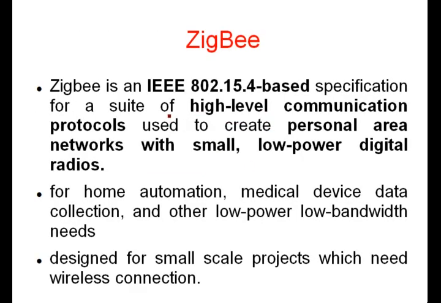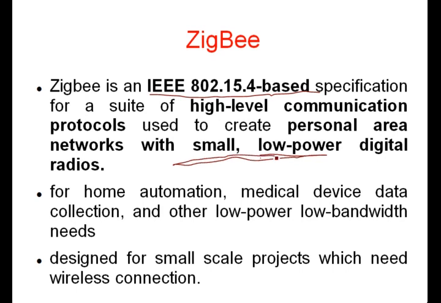Now see, ZigBee is an IEEE 802.15.4 based specification for a suite of high level communication protocols used to create personal area networks with small, low power digital radios. So RF frequency is used and it is essentially low power, for small and low power devices, so we are using it for IoT.